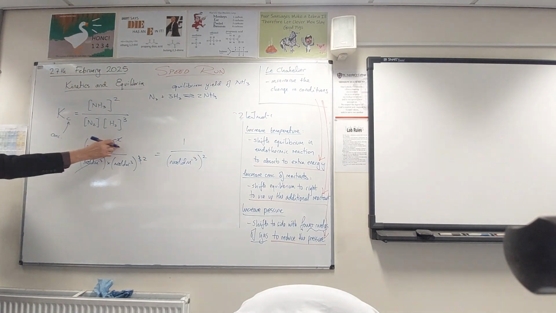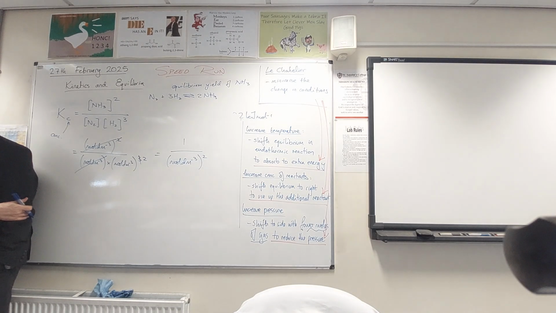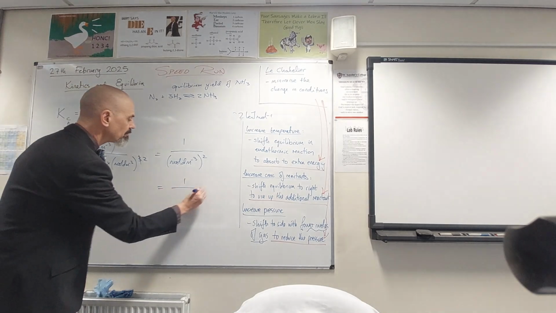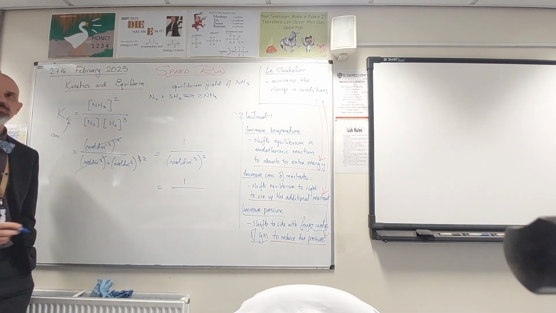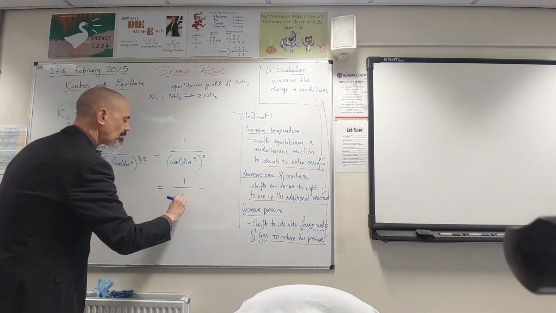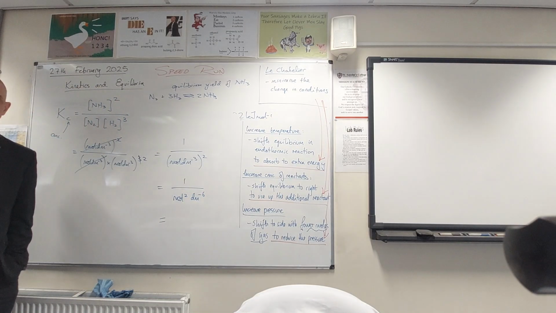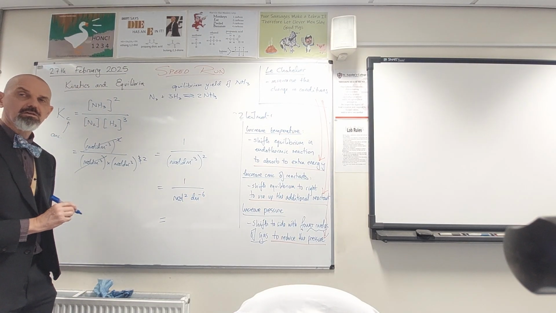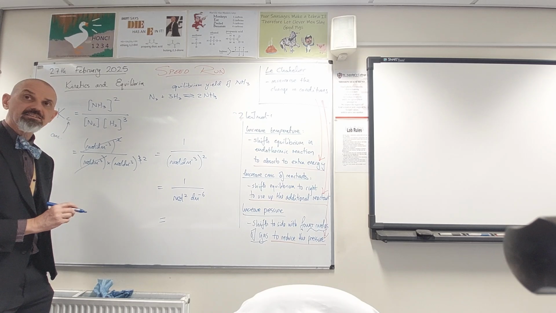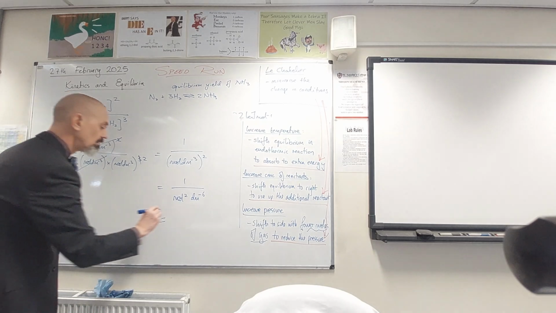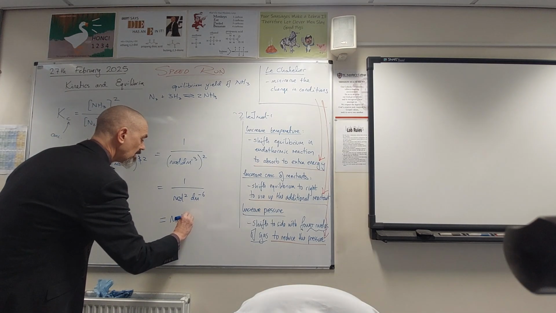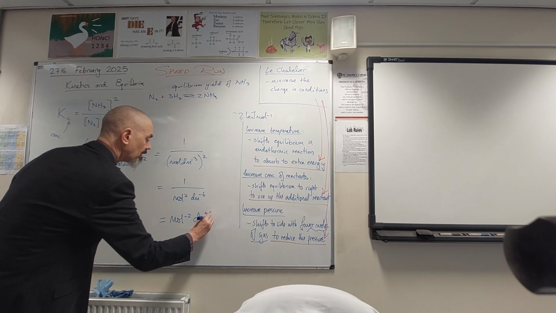Okay, so 2 off the top, cancel 2 off the bottom. Now what? Expand the bottom. So it's 1 over mol² dm⁻⁶, and that turns into 1 over mol squared, which is mol to the minus 2, and then dm to the plus 6.